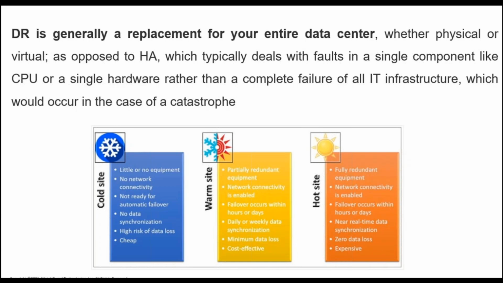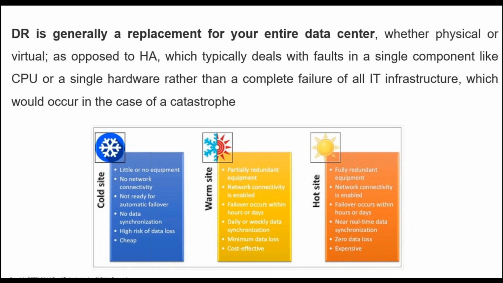It's in the name. So if you say, I have an HQ and I want to create another site in case there's a disaster at the first one, then we're talking about a DR kind of configuration.